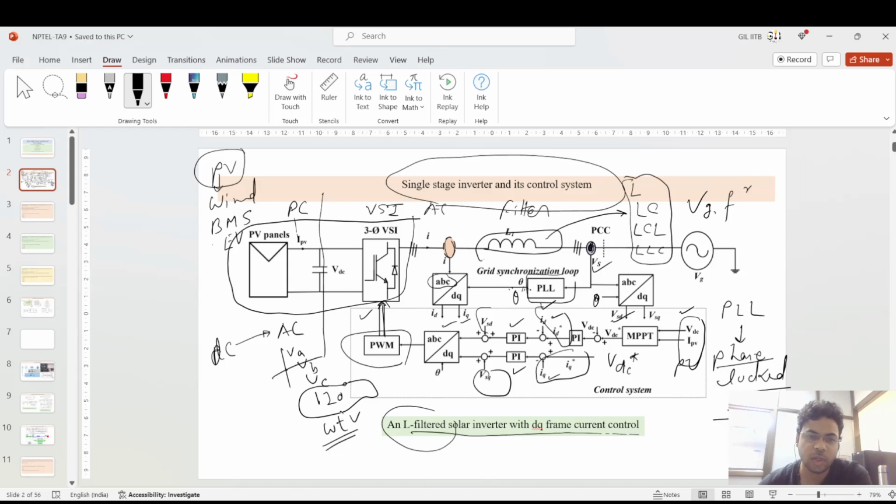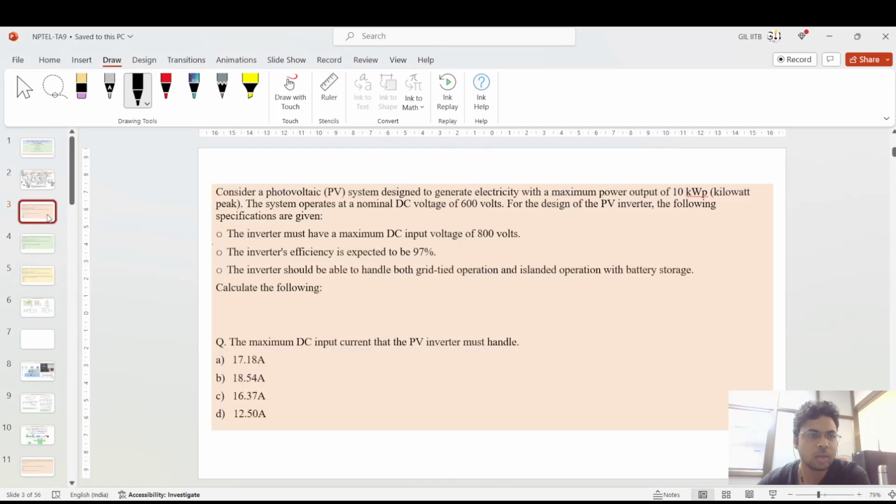You need a mechanism to generate AC from DC using this same omega t for feeding to the grid. So the grid synchronization loop is very important for sending power from the DC side to the AC side.